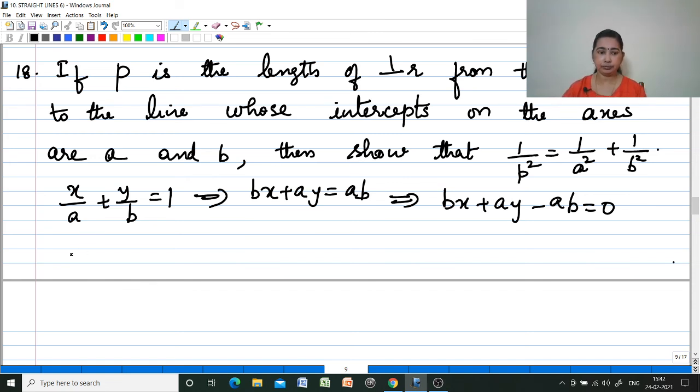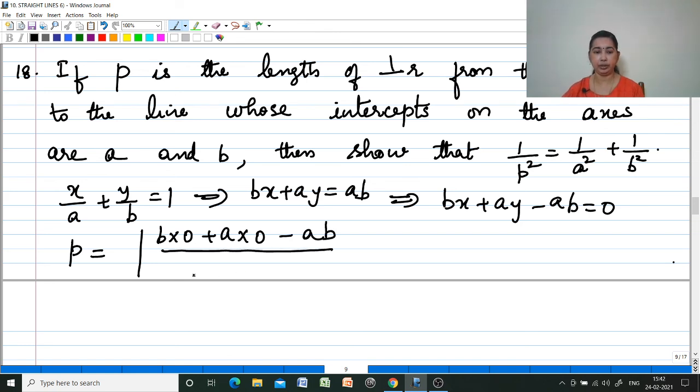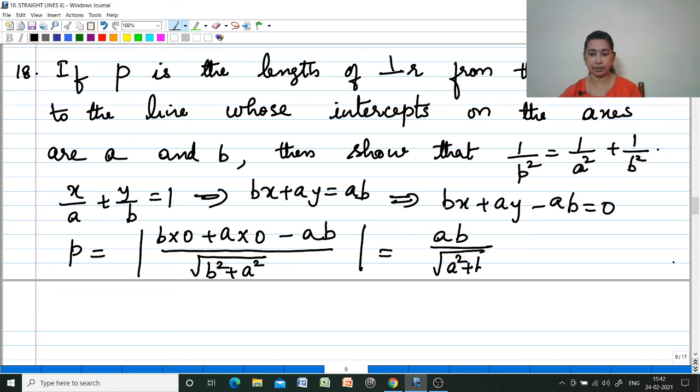So P is equal to modulus, from the origin to this line we put x and y as 0, 0. So b into 0 plus a into 0 minus ab divided by root of b square plus a square is equal to ab by root of a square plus b square.